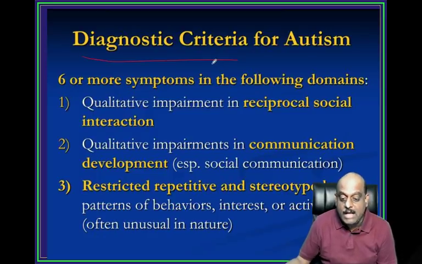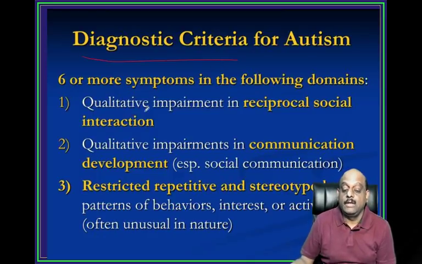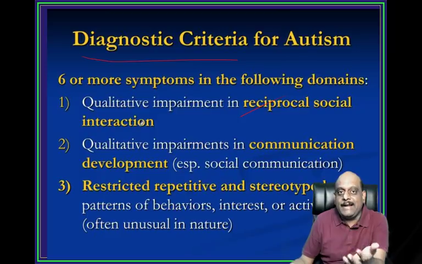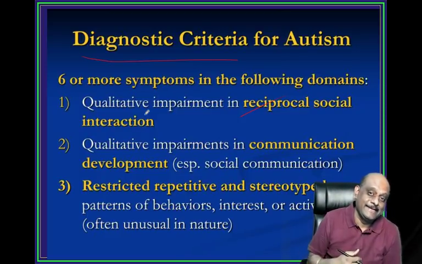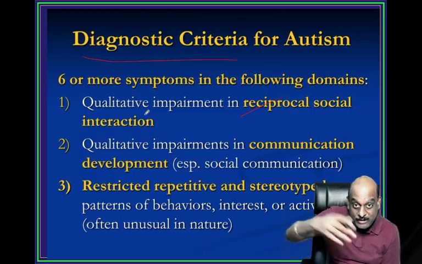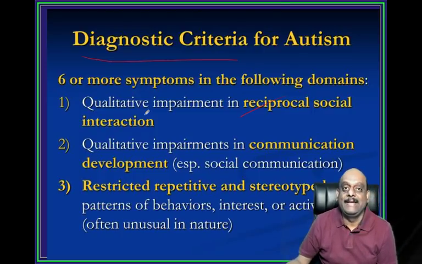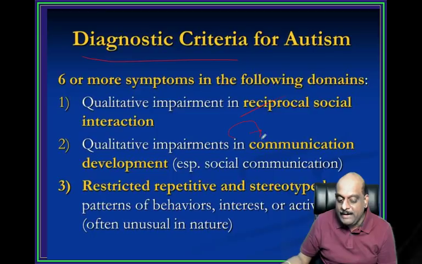Now, what are the diagnostic criteria of autism? Reciprocal social interaction nahi rehta. It's like a face-to-face classroom, not a online. Live online bole to reciprocal rehta. Qualitative impairment in communication development, that is social communication.